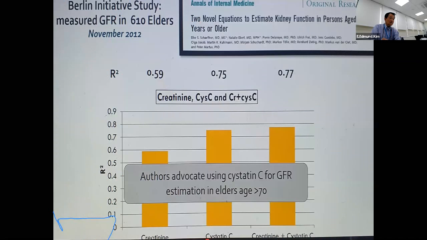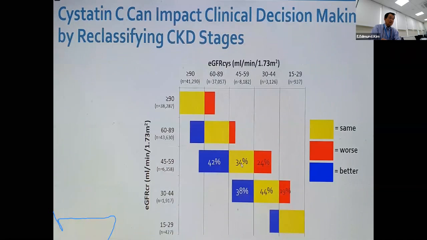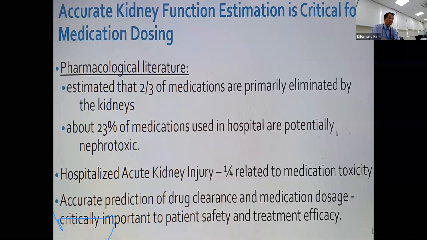So creatinine plus cystatin C certainly makes a better estimation. So clinically they use both. But chronic renal disease. In the UK, they started, and the cystatin improved the prediction of cardiovascular disease as well as the kidney disease.